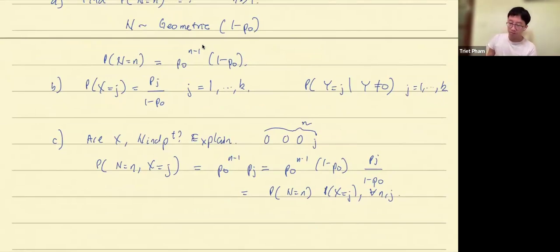Any question? So we won't write down the next question, but they ask if you're surprised that n and x are independent. Or I guess the question is more like, is it intuitive to you that n and x are independent?